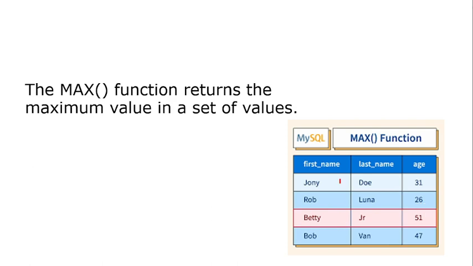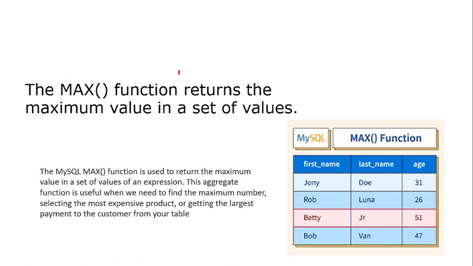Print the name of that person having maximum age. The maximum age in this column is 51. So I want this record, and I can do this by using the max function. The max function is used to return the maximum value in a set of values of an expression. It is an aggregate function.